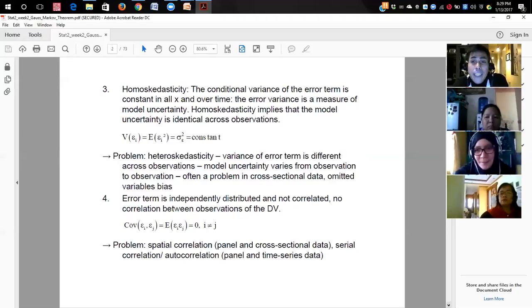That's for ANOVA. It's the same thing with linear regression. There has to be homoskedasticity of the data, and it implies that the model uncertainty is identical across observations. There's a lot of similarity here, because remember that we have ANOVA researchers and we also have regression researchers.